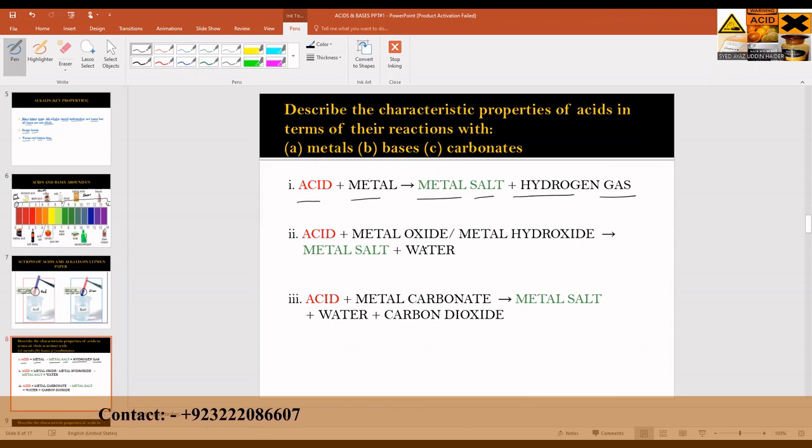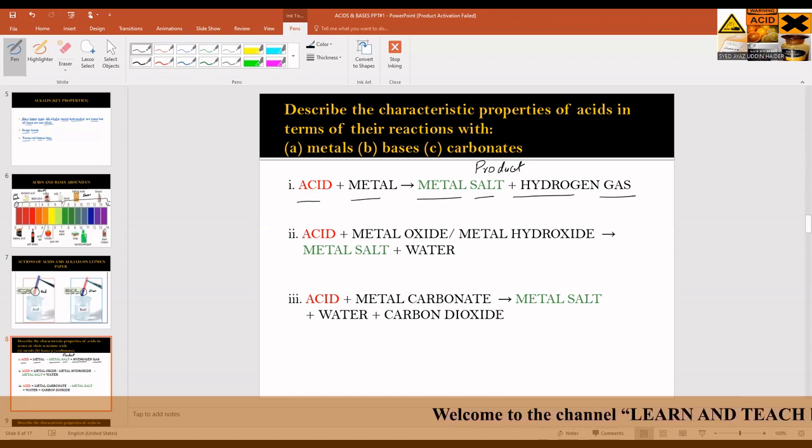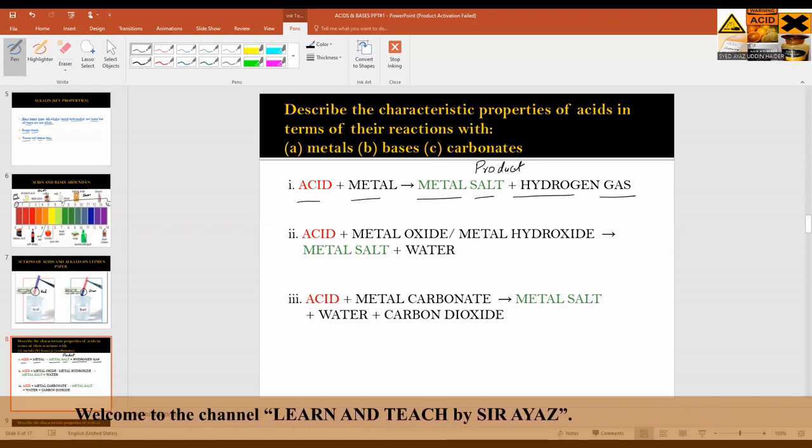And on the right hand side, that is the product side, I have used the green color for metal salt. Metal salt is one of the common products produced all the time whenever you react acid with metal, metal oxide, metal hydroxide, or metal carbonate.